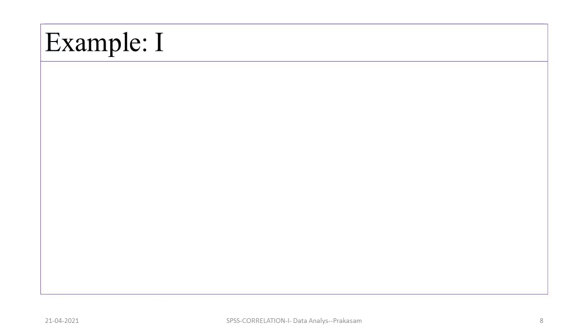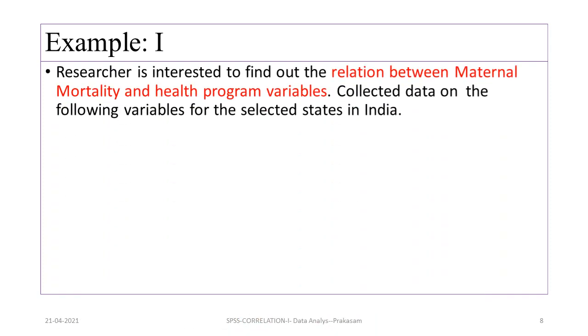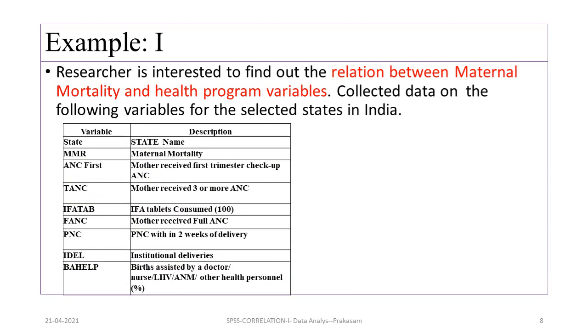I want to illustrate one example here. The example is that a researcher is interested to find out the relation between maternal mortality and health program variables. The researcher collected data on the following variables for selected states in India. I will show you what variables have been collected. The first variable is the state, the names of the states; 12 states have been selected.